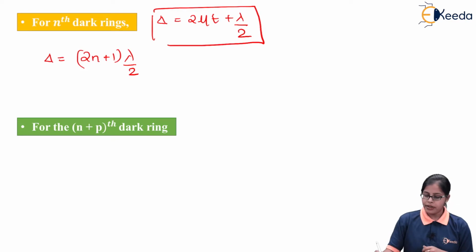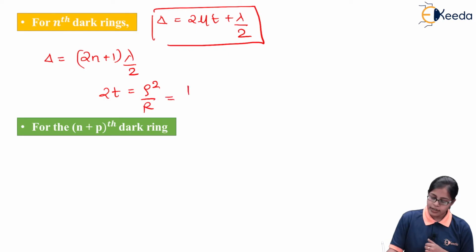Now, as we are aware, this 2t is rho square by r, and instead of that rho square we can even write it as d square by 4r.